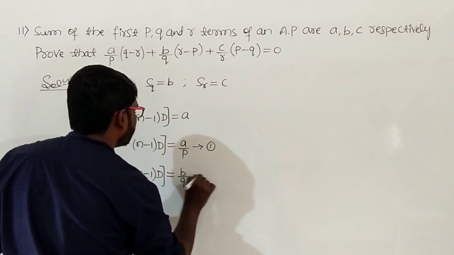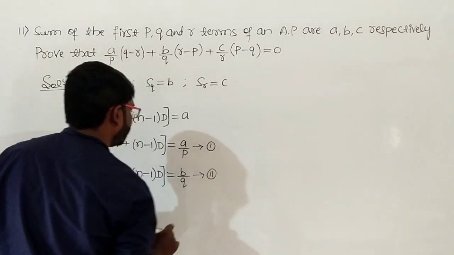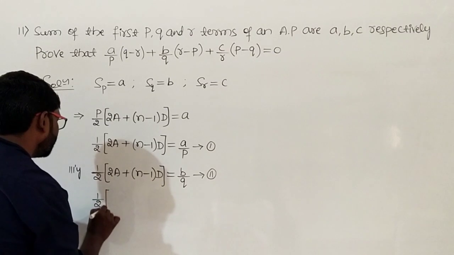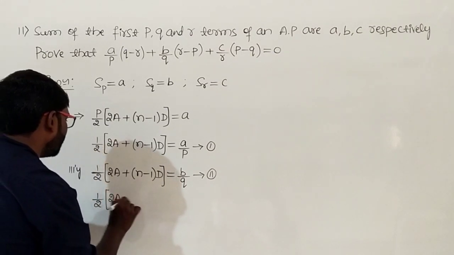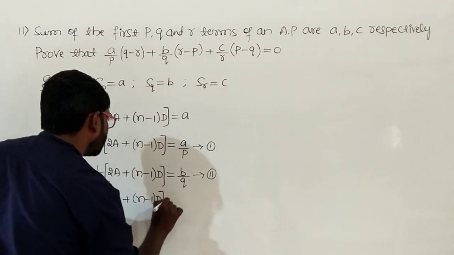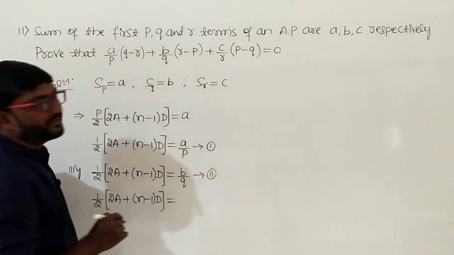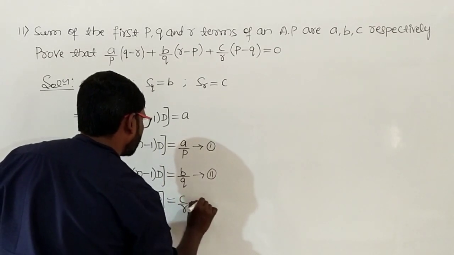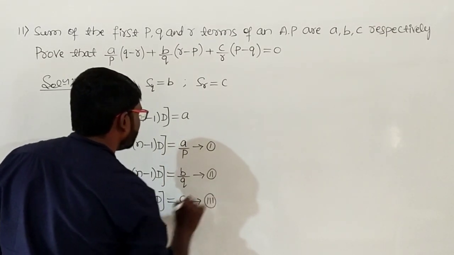This is the second equation. And then we go for the next one, 1 by 2 inside the bracket 2A plus r minus 1 into D, which equals c by r. Call this equation number 3.